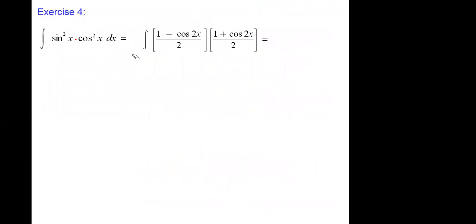That means 1/4 I can put in front. And 1 minus cosine 2x times 1 plus cosine of 2x, it's like a conjugate expression. A minus b, a plus b. To FOIL this, I will end up with a squared, b squared, and minus.